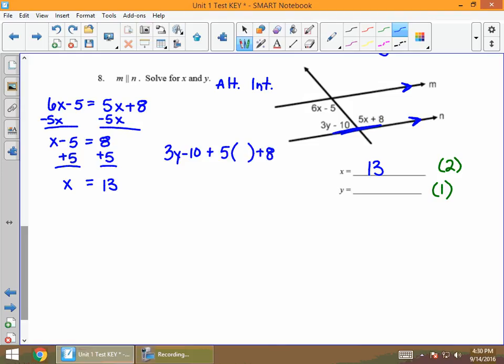Now, I didn't write the letter x because I know what x is. x is 13. So I did my 3y minus 10 and my 5x plus 8, where I substituted 13 for x. And because it makes up a straight line, they're supplementary. So add them together and set it equal to 180.